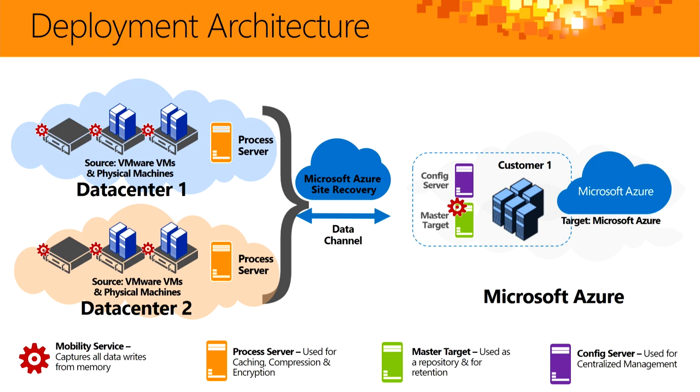Once the mobility client is installed, it'll start keeping track of all the actions on that server, so I/O and memory, reads, writes. It replicates that, sends it to the process server, which compiles it, compresses it, encrypts it, and sends it to the master server, which rebuilds that image, which is why we end up with a lag. That's what your RPO is.